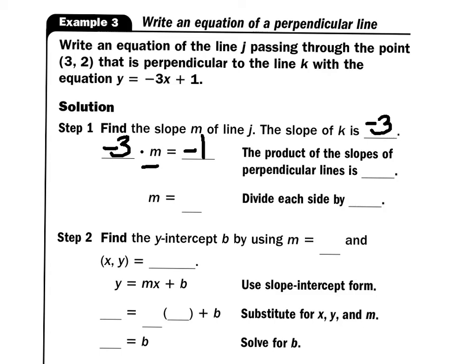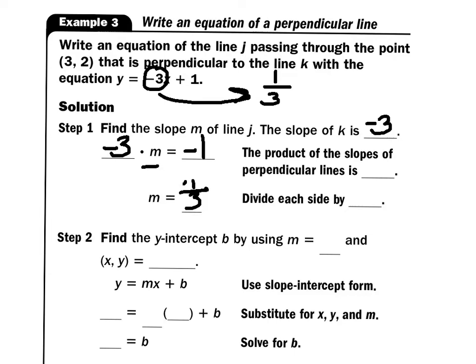So when we solve, we get 1/3. Now, the quick and easy way to do it is to take the first slope, flip it over in a fraction, and change the sign.